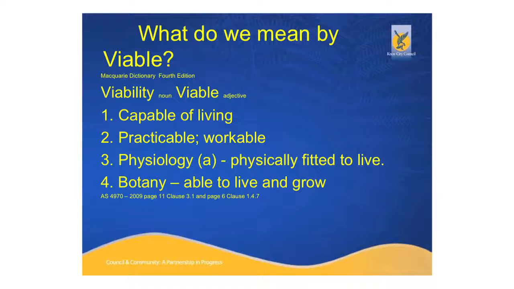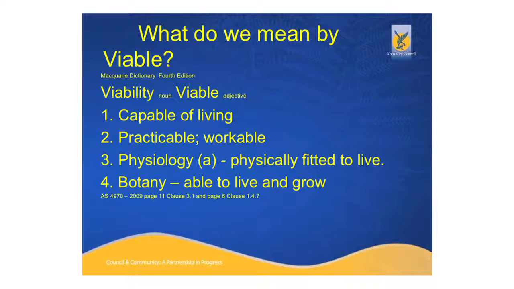So is it possible to have a tree that we've retained on site no longer being a viable specimen? I certainly see many of them that tend to die 12 months, 18 months, sort of 2 years later. And yes, they've been kept, but they're no longer viable. And we can go more into that after.